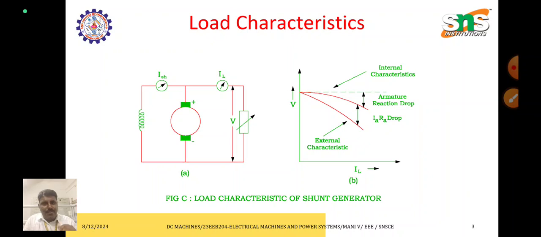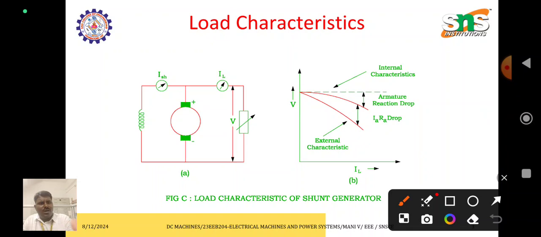At this time we change the load, because this is the load characteristics. We increase the loads gradually. Initially there is no load, then we add 1 amp, 2 amps, 3 amps, 4 amps, like that.